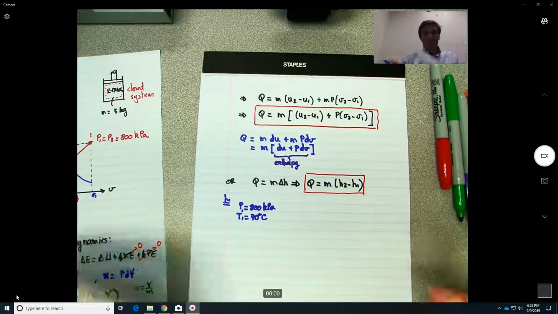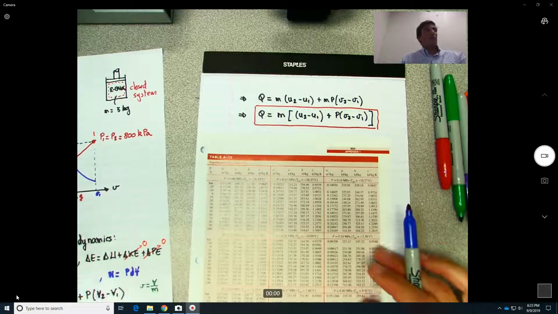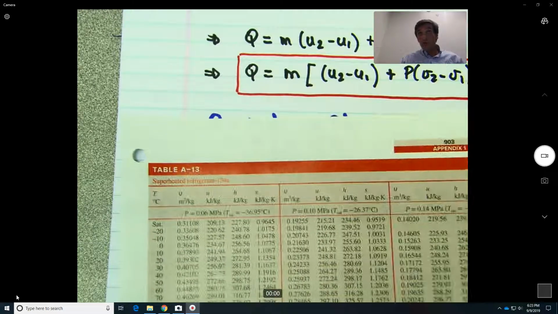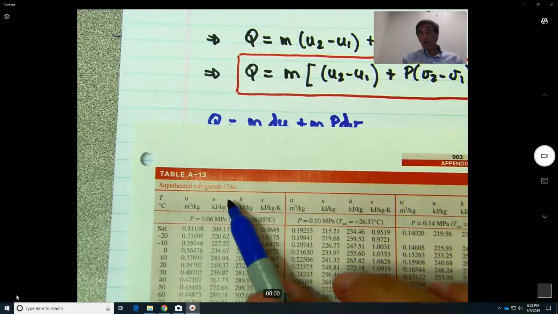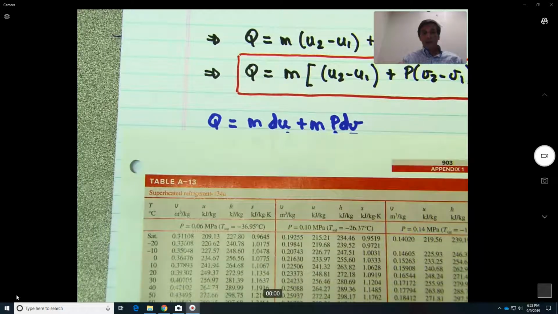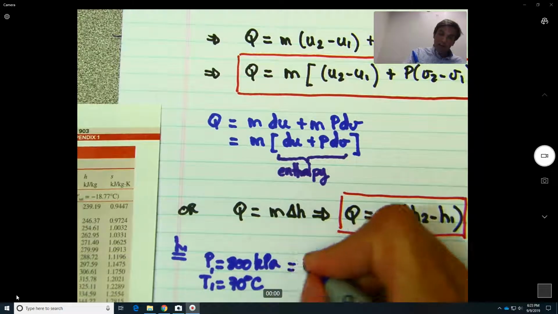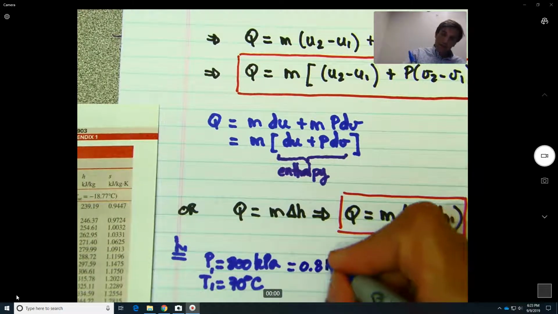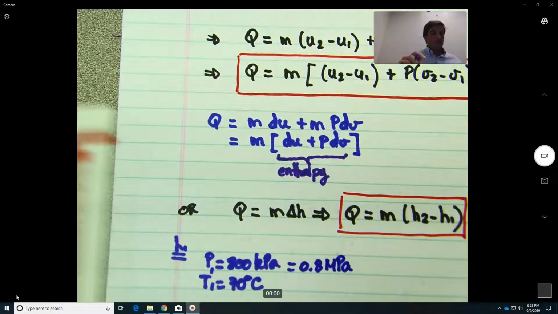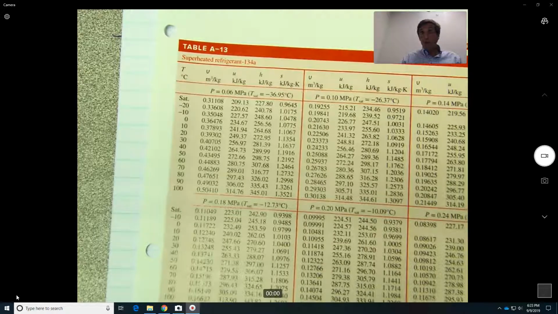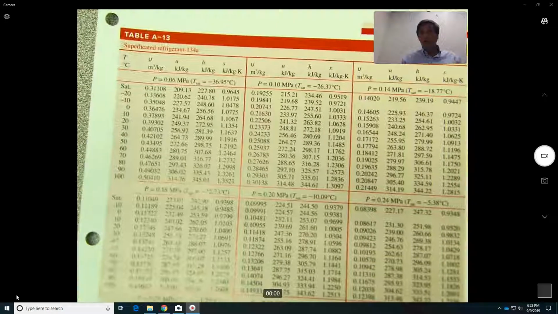There we go. So you see superheated refrigerant 134a, and they give us values in megapascals. So 800 kilopascals will be 0.8 megapascals.